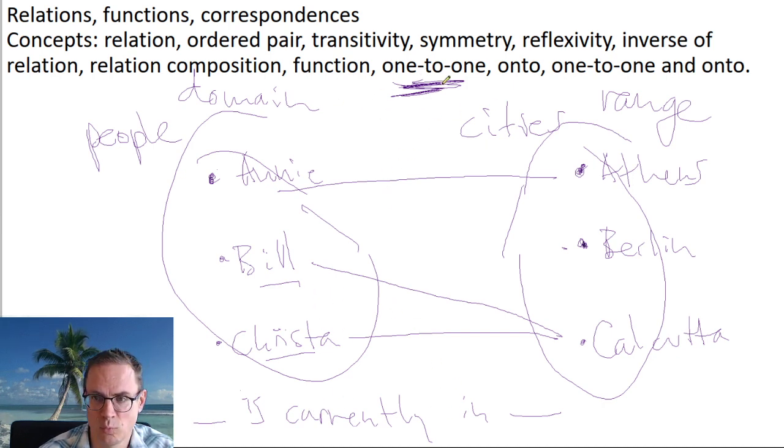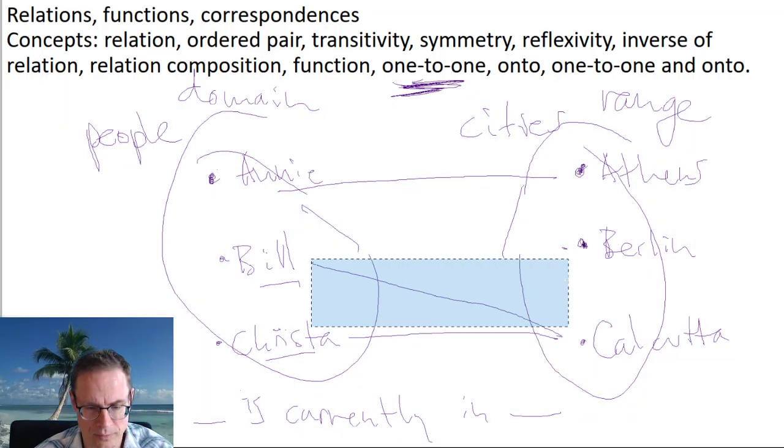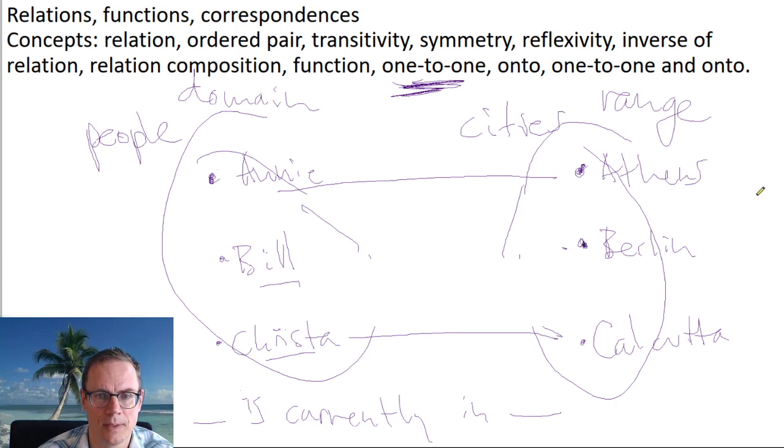But if a function is one-to-one, then that will never happen. So we remove this line by Bill, and we say, okay, let's say Bill is in Berlin. Now this relation is one-to-one. Annie is in Athens, Bill is in Berlin, and Krista is in Calcutta. It's one-to-one. It's not many-to-one.